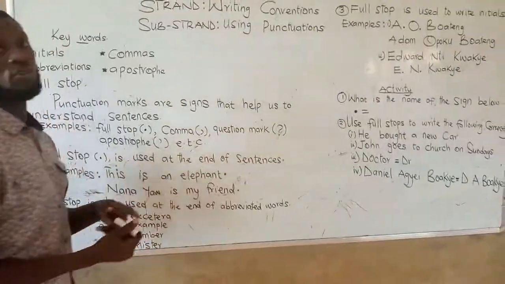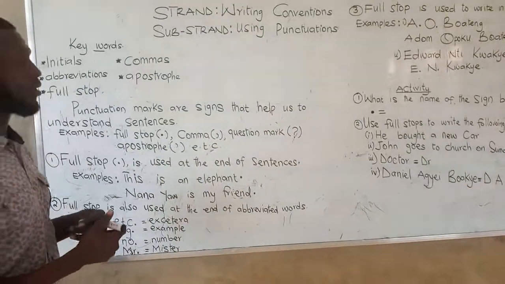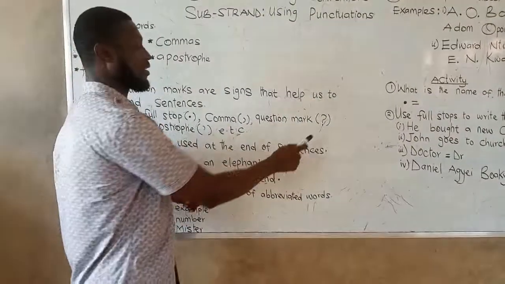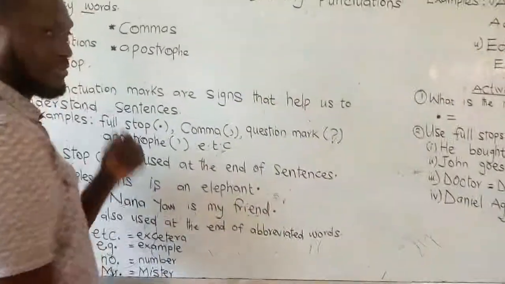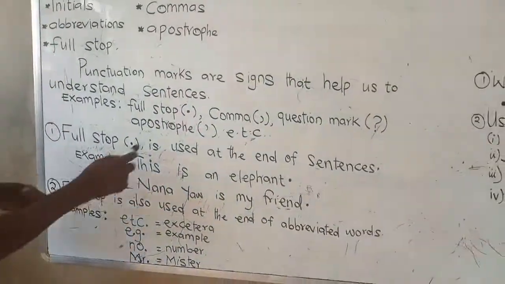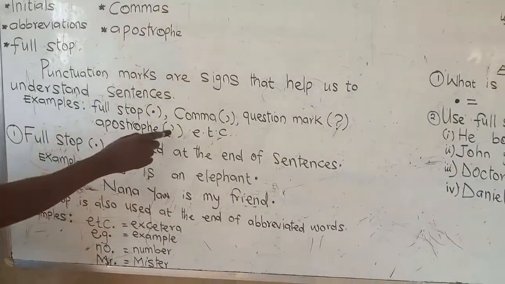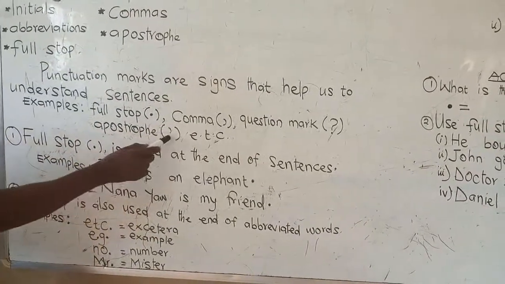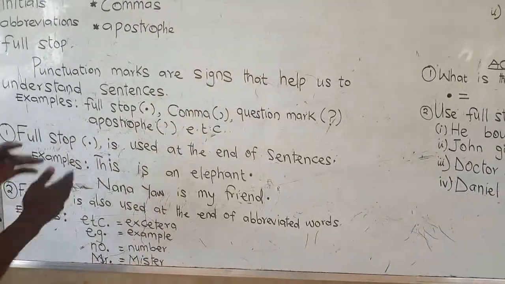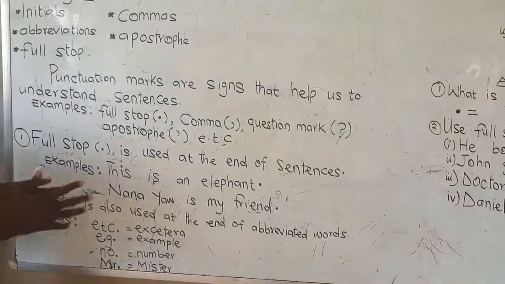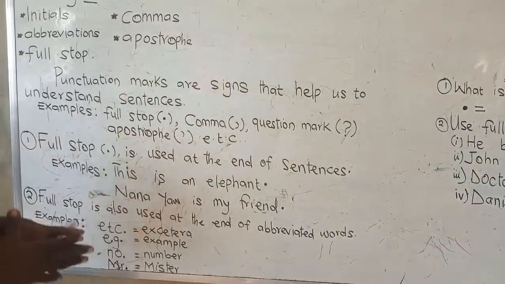Question mark is also a punctuation mark. It is written as such. Apostrophe is also here, as you can see, and this is how it is written. So these are some of the punctuation marks we are going to discuss.